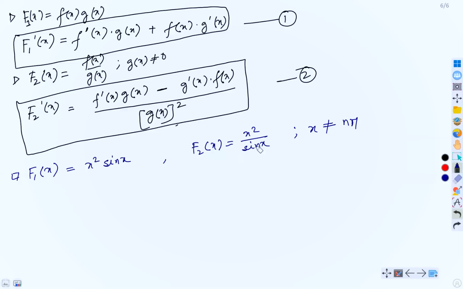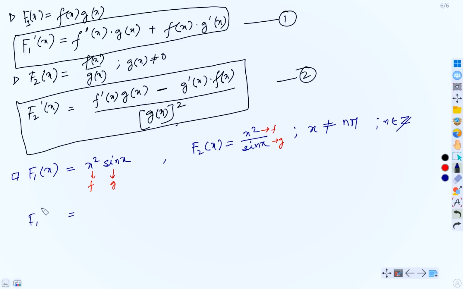Because otherwise the denominator will be 0, where n belongs to Z. So this is our f(x), this is our g(x). I will do both the problems simultaneously so that you can understand it and quickly grasp it, okay?